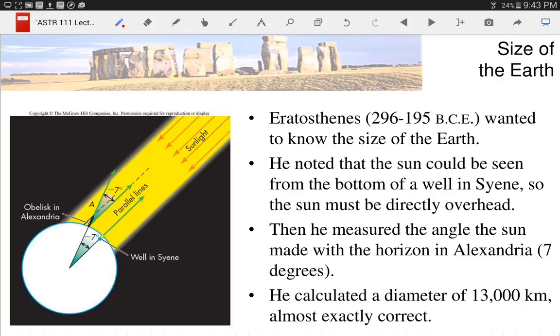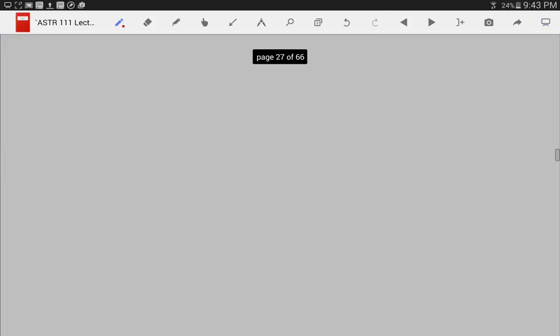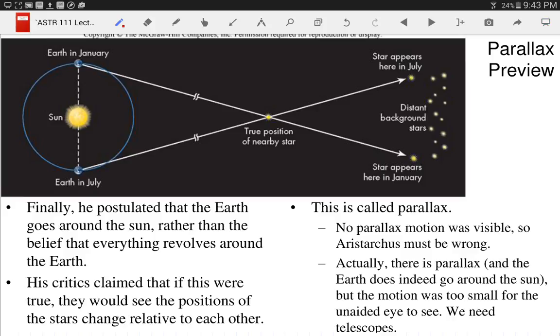You had a question, Ken? So the parallax is not the position. Like you had a slide up the last slide over. Yeah. It's not the lines. It's the fact that when you see this star here, it appears to be over here compared to those background stars when the Earth is on this side of the sun. But on this side of the sun, it appears that it's moved all the way over there.